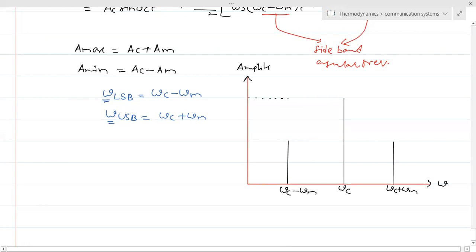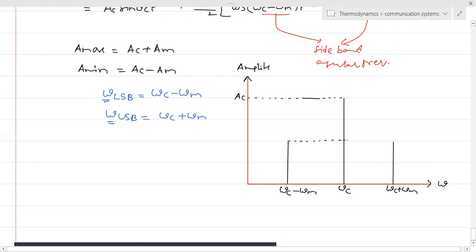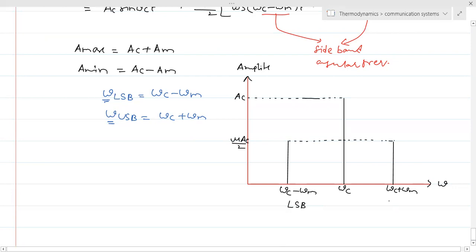Here we are speaking about the carrier wave having amplitude AC. And this is the output modulated signal, it has an amplitude mu AC by 2. Clearly we see this is the lower sideband frequency and this will be the upper sideband frequency.